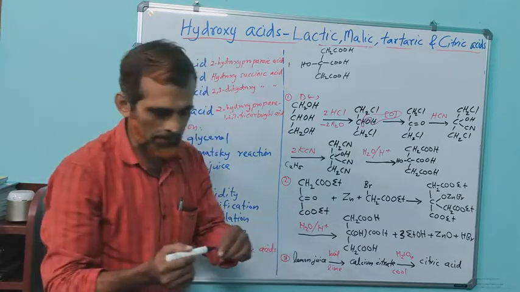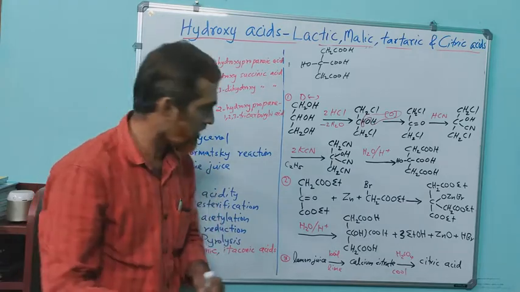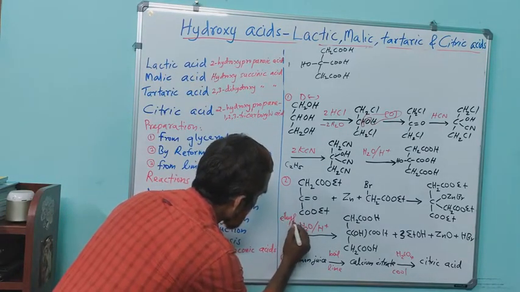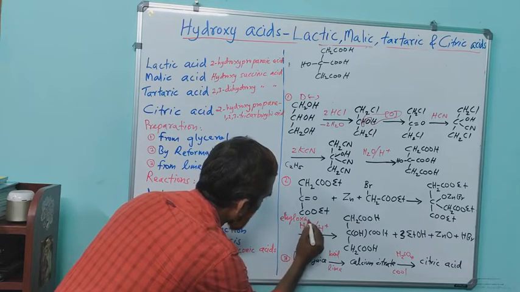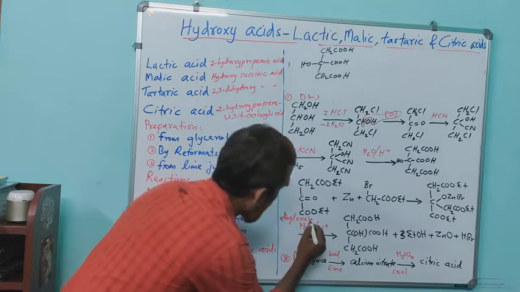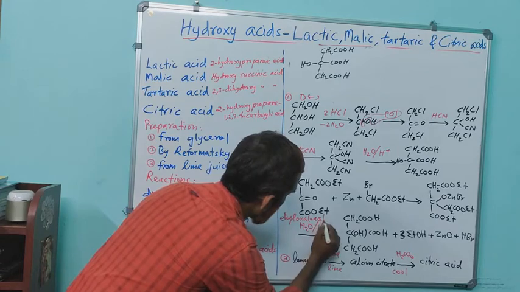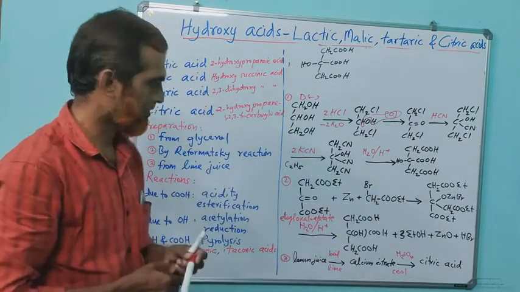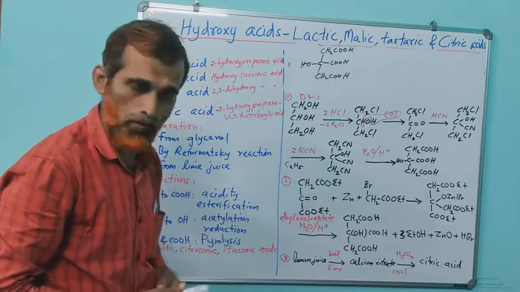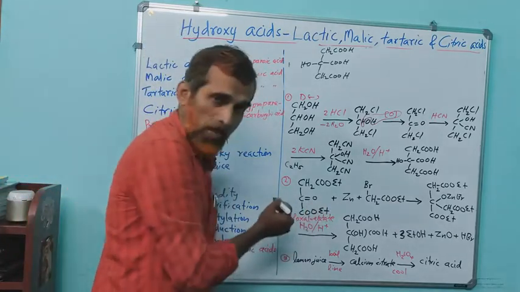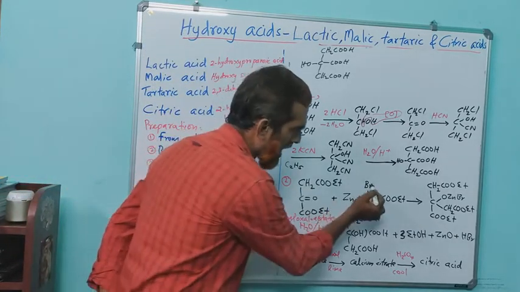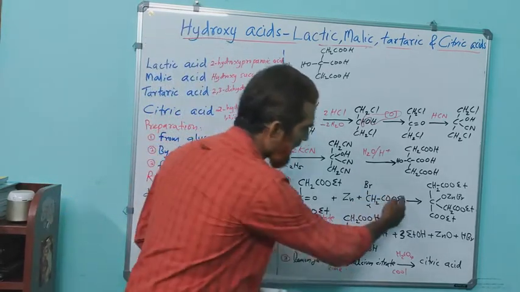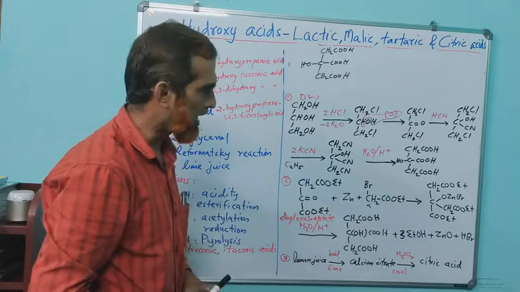So the starting compound or this ketone is ethyl oxaloacetate. That is the starting compound. So this is the carbonyl part, zinc is there, and this is alpha bromo ethyl acetate.